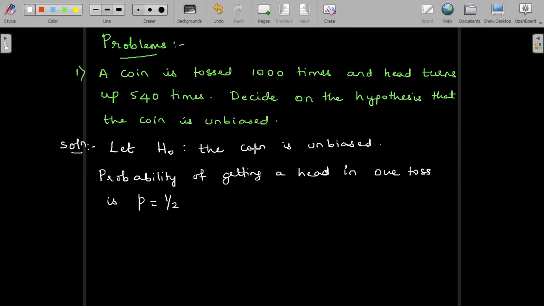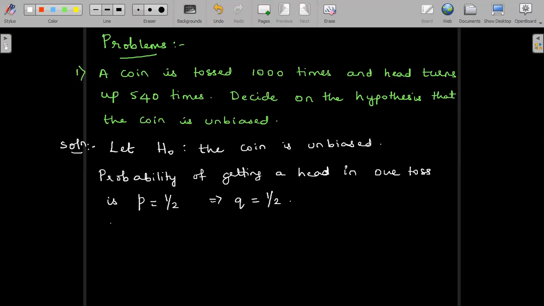For an unbiased coin, probability is always 1 by 2. The other way of understanding is we are looking for head on the top out of two choices, head or tail. So if P is 1 by 2, Q is also equal to 1 by 2.